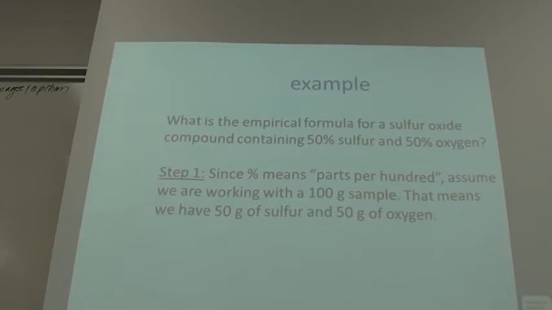Okay, here is our first example, and you have the same example as well. What is the empirical formula? The empirical formula, one more time, is the lowest ratio of moles of a sulfur oxide compound that contains 50% sulfur and 50% oxygen. Remember, since percentage means parts of 100, you can change the percent sign to grams.